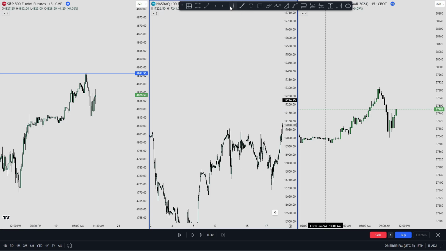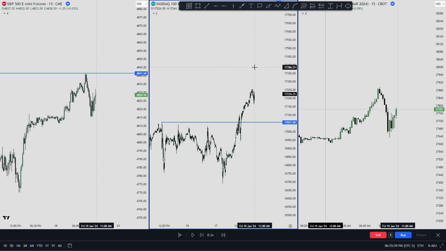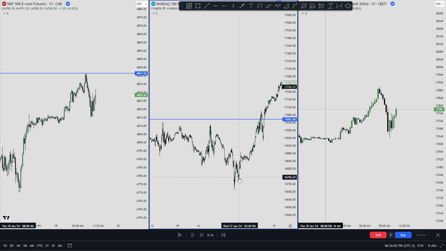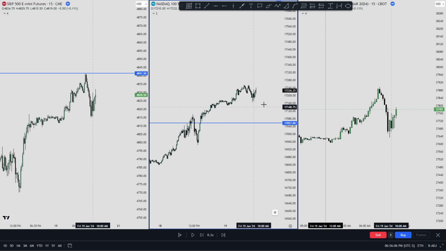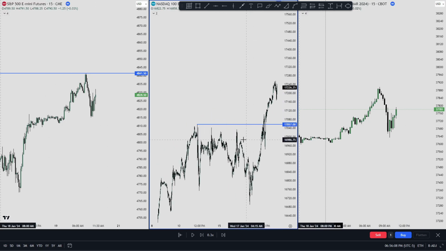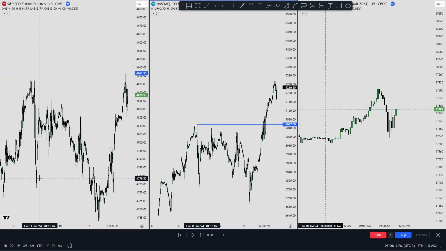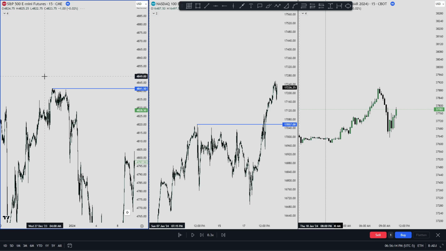NASDAQ has already flushed higher. It went way above the high of week. It's 200 points above. So we have confirmation that NASDAQ is all the way above high of week, and we have confirmation that ES has a draw on liquidity, meaning ES wants to go to that high of week.